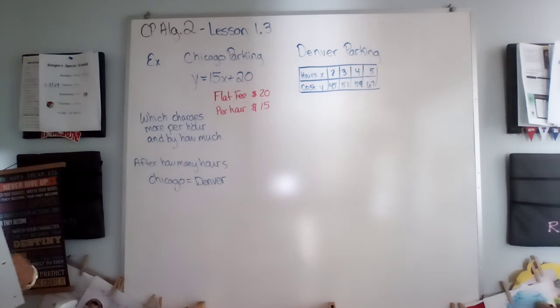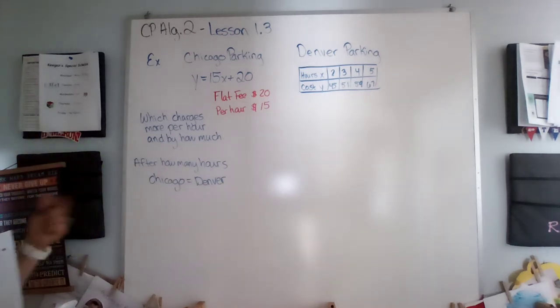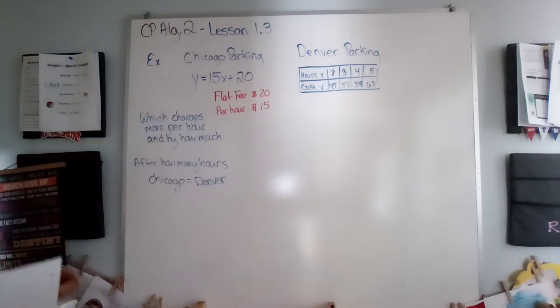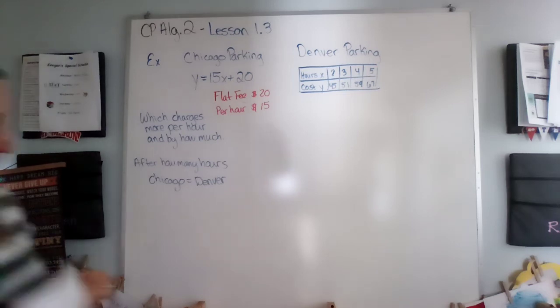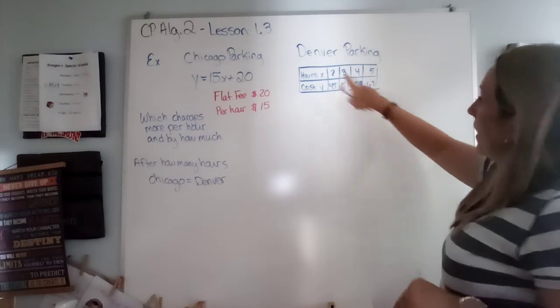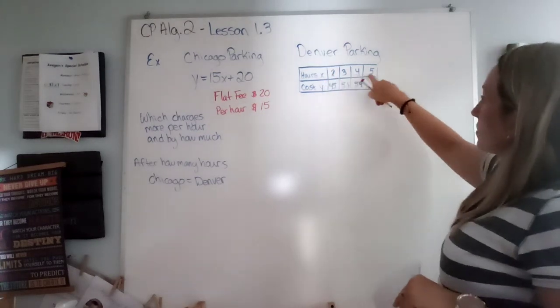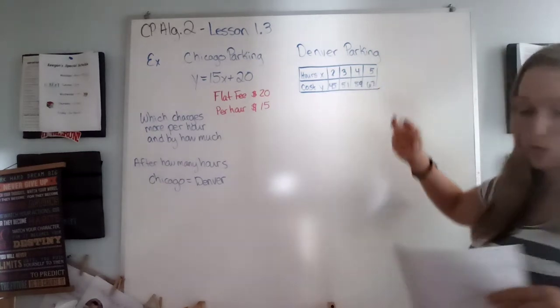So we probably want to take Denver's information, which is in table form, and get it into an equation in slope-intercept form so we can figure out the same. There are a few different ways to go about this. You could find the rate of change, and since it's 2 hours, 3 hours, 4 hours, 5 hours, work backwards and figure out the cost for 1 hour. That's one option.